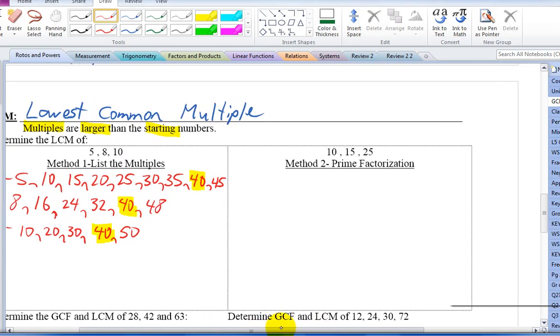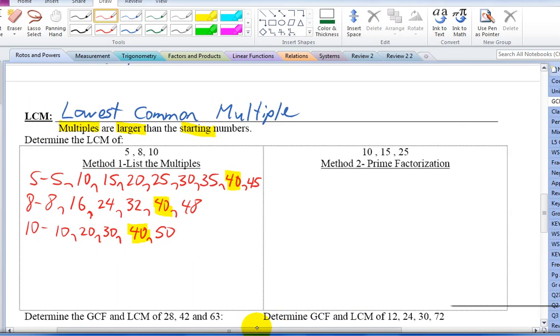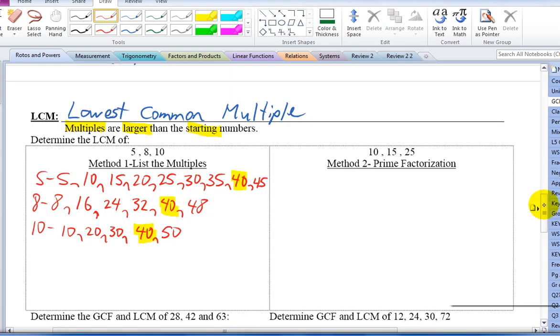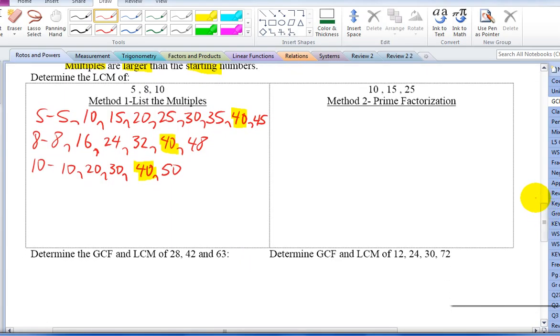So what we do here is, sorry, let's go back here. 5, 8, and 10. We can divide all those, well, some of them by 5. Not all of them, just some of them. So we can get 1, 8, and 2.